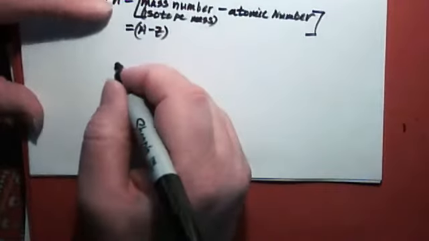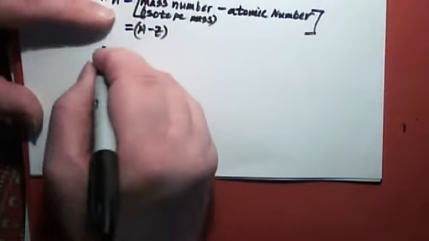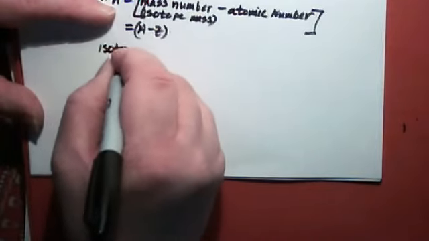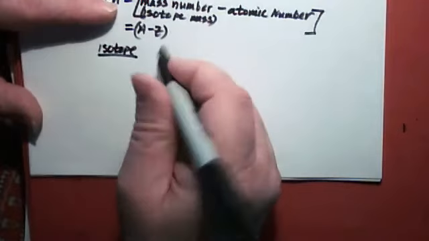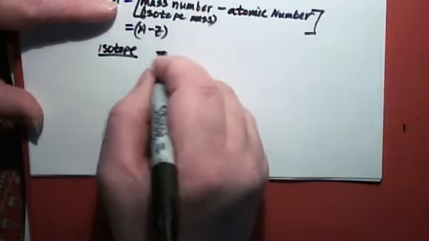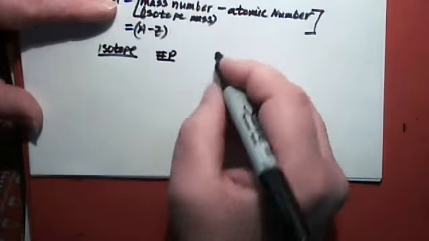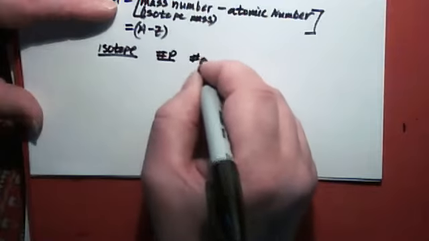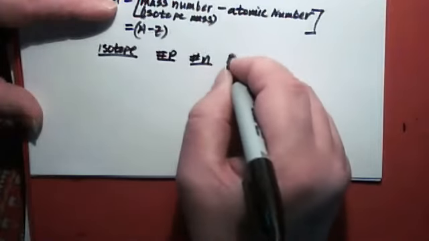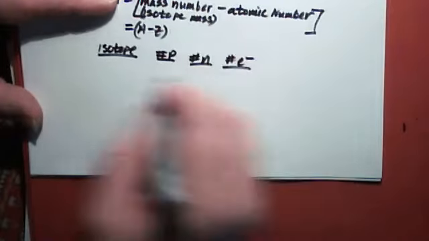So looking at carbon, you can look at the isotopes of carbon, and some things you might want to know about them would be how many protons are there, how many neutrons are there, and how many electrons are there.